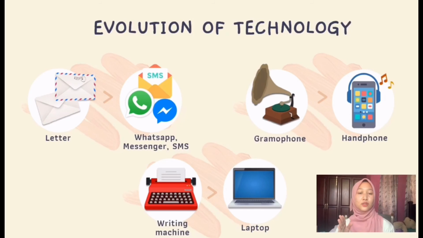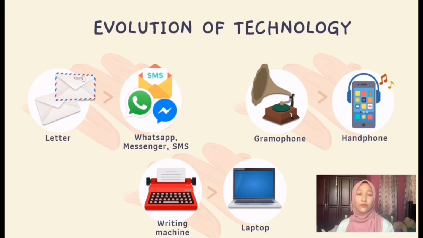So, as you can see here, the evolution of technology. In the first picture, before this, we sent letters or used the telegraph to send our message to other people. But now, instead of sending letters or telegraph, we have WhatsApp, Messenger or SMS. Even now, we have social media, such as Instagram, Twitter, and so on.